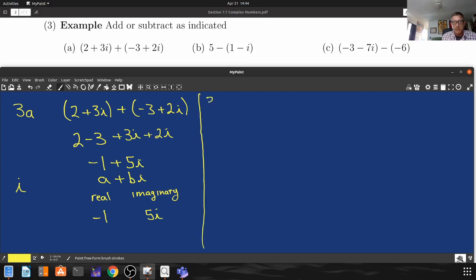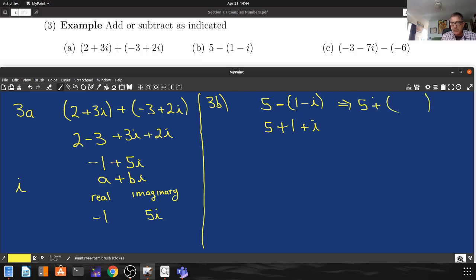So let's do 3b. 5 minus (1 minus i). Well, if you don't know what to do right now, you should immediately see that's the same as 5 plus (1 plus i)... so if you want, you can always say, I want to change this into 5 plus something.